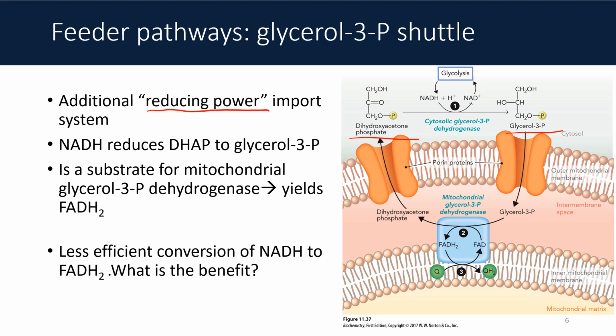It is going to take, just like before, NADH made in the cytosol via glycolysis and reduce DHAP into this glycerol derivative. Next, we have a special channel protein specific for glycerol 3-phosphate that pumps it into the intermembrane space of the mitochondrion.